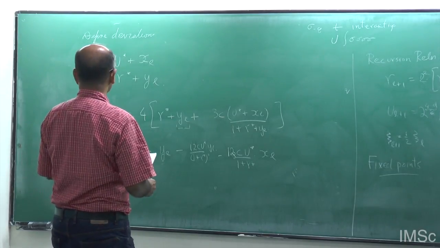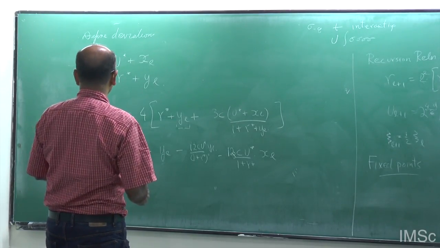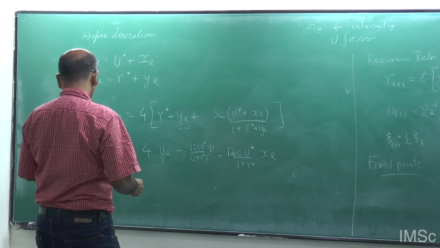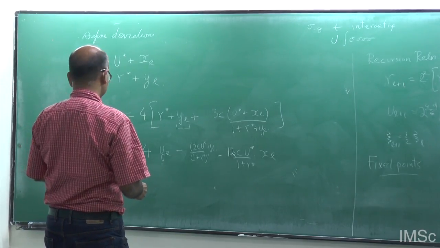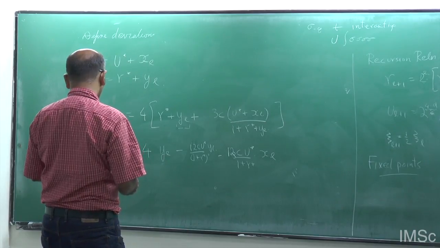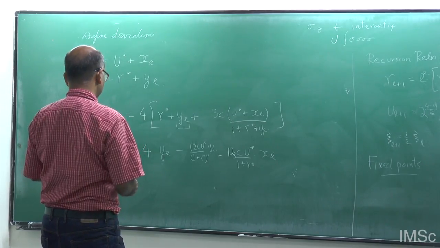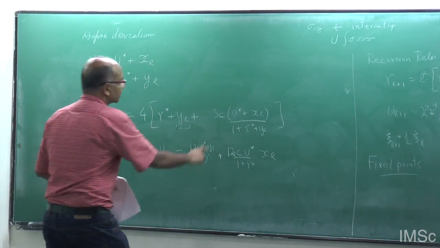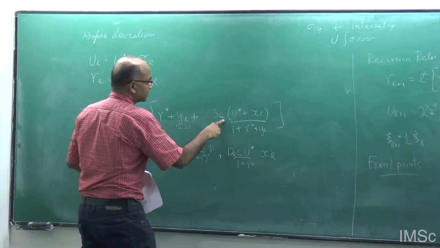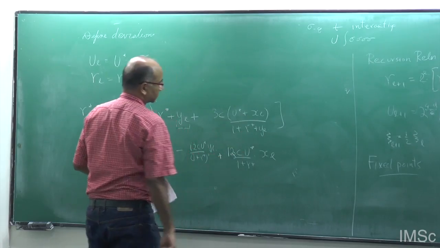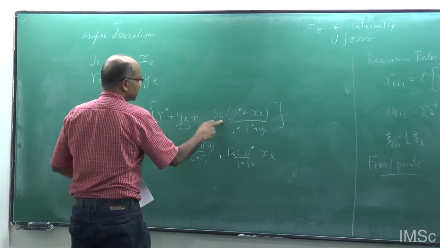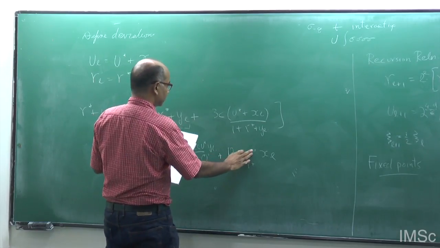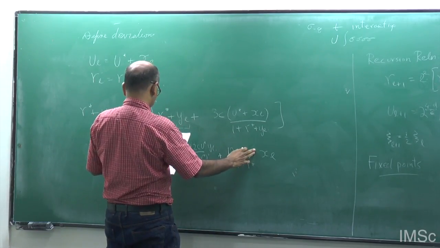Which one am I doing now? R star, X_l. Oh no, this is a plus sign. This is just 4 times 3C times X_l.